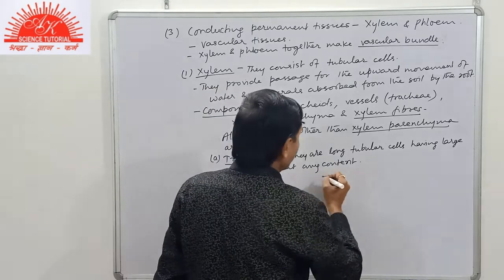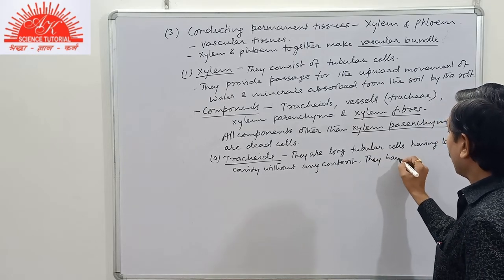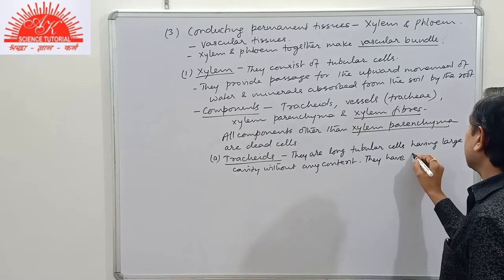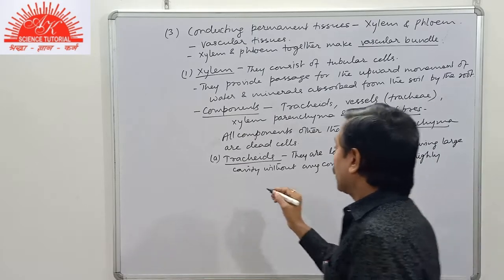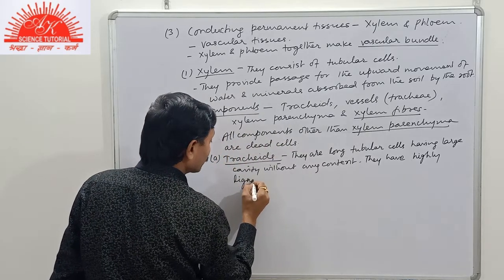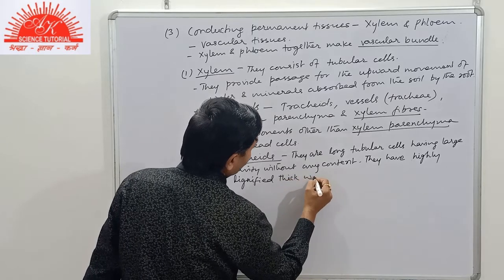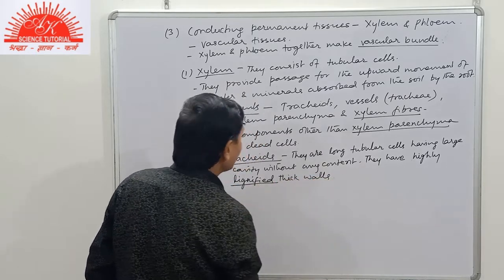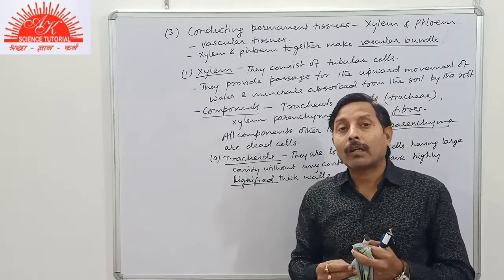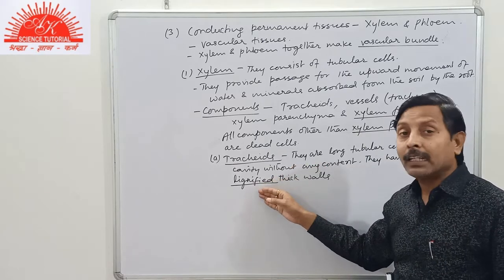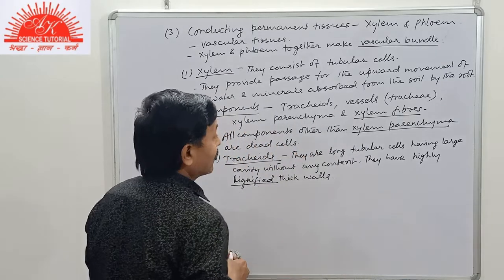They have thick, highly lignified walls. Lignified means the wall is coated with a layer of lignin, which makes it hard. So it is a hard layer, hard cells.